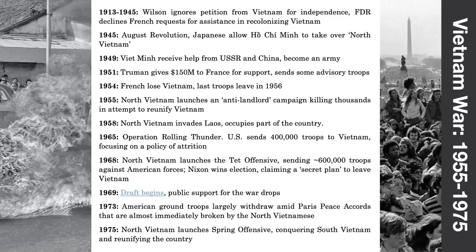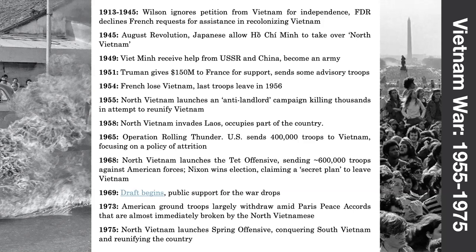And then the Vietnamese started killing thousands to try to reunify this, well, what they called reunifying Vietnam under their control. So they invaded Laos and they started taking control. Kennedy started ramping up and sending some troops, but this really starts taking hold when Johnson is in charge.